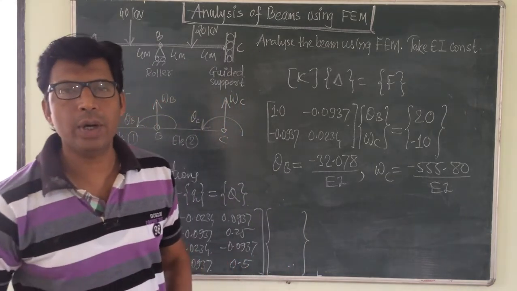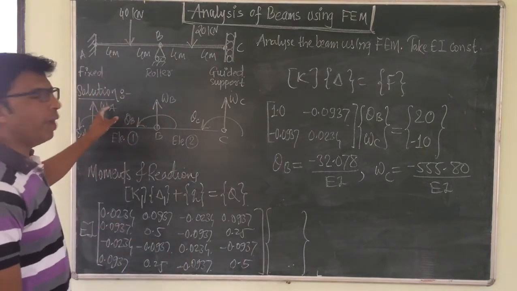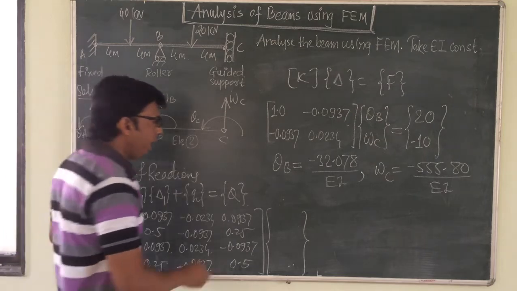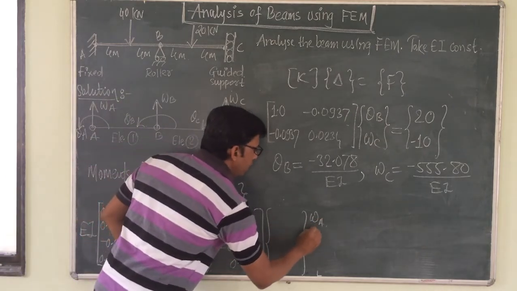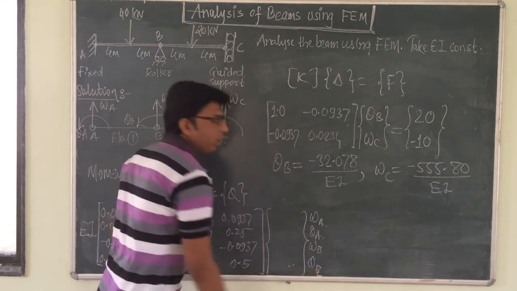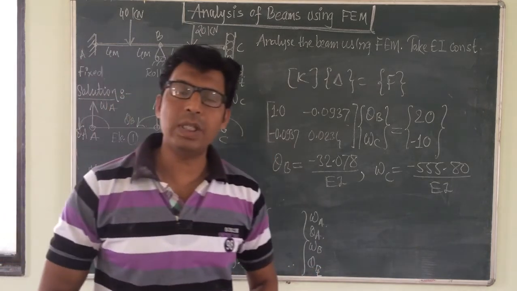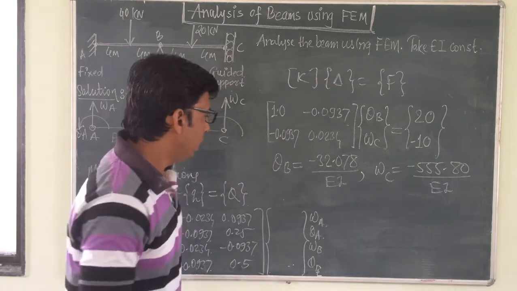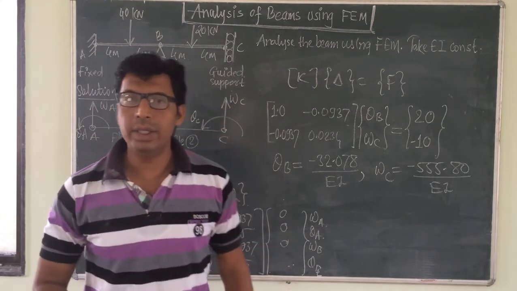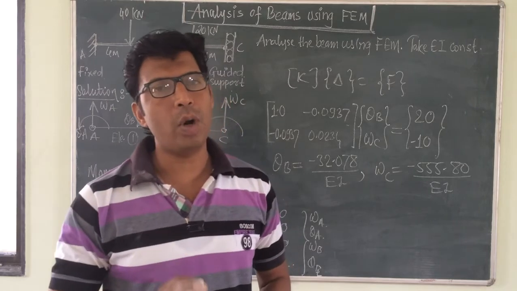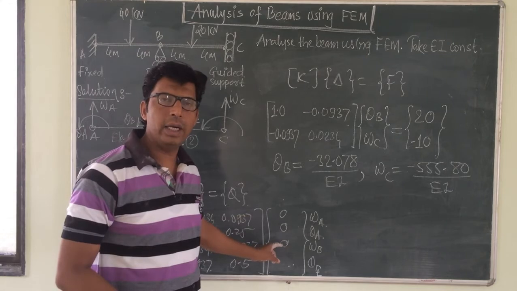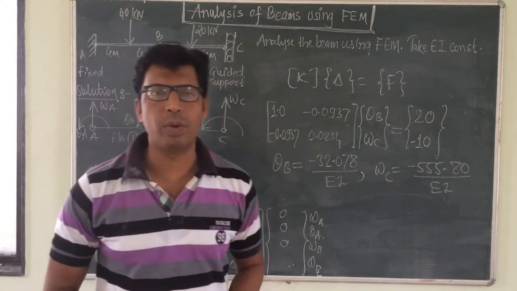The displacements corresponding to element 1 are WA, theta A, WB, theta B. The values of these 4 displacements are known to us. WA, theta A and WB are 0 because of boundary conditions: WA and theta A because of the fixed support, and WB equal to 0 because of the roller support.